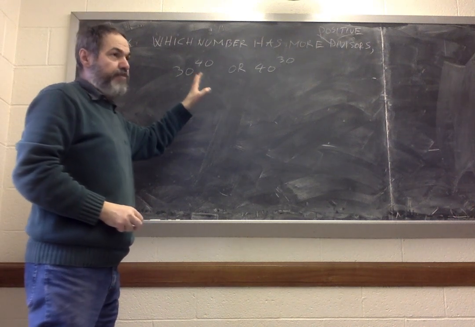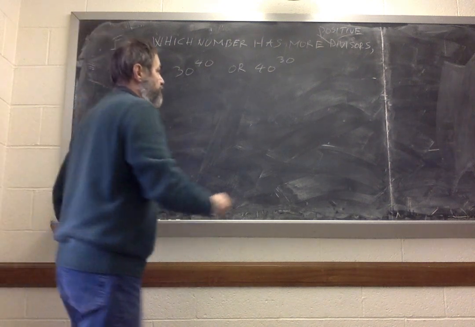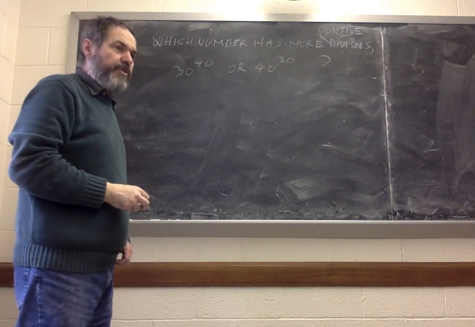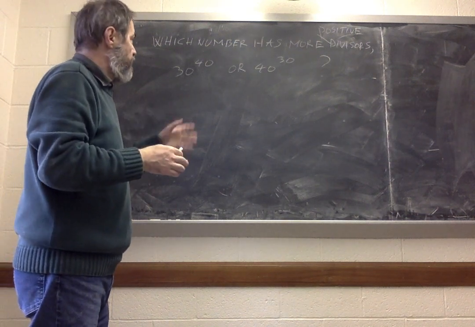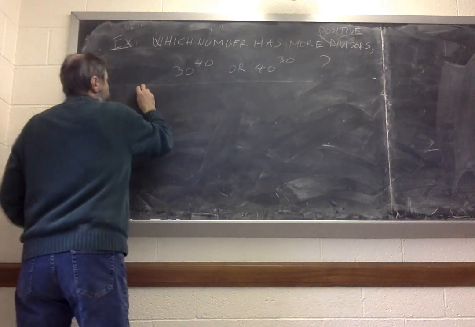Both these numbers are huge and they have lots of divisors. We should still be able to decide in a short amount of time which has a larger number of divisors. So I rephrase the question like this.